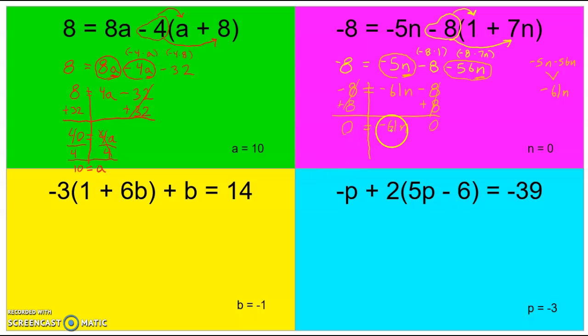We still need to get rid of that -61 by dividing by -61 on both sides. So 0 divided by any number, it doesn't matter what number it is, is always going to be 0. So n is equal to 0.